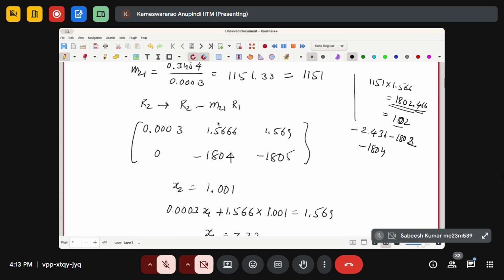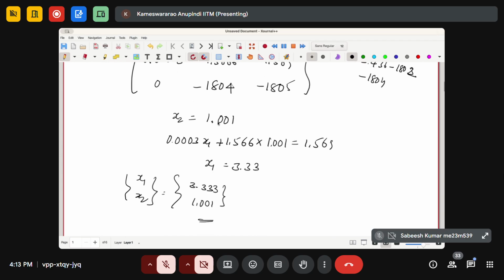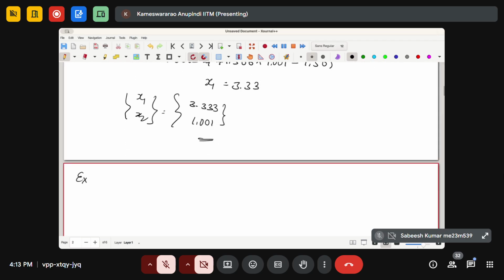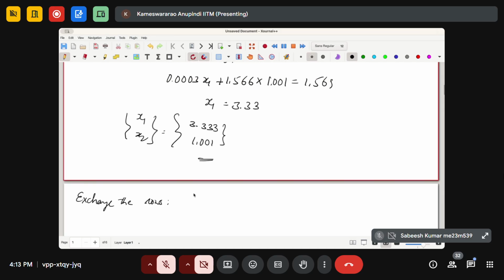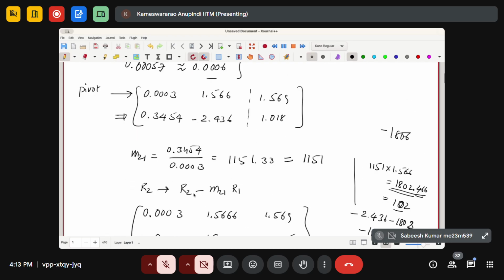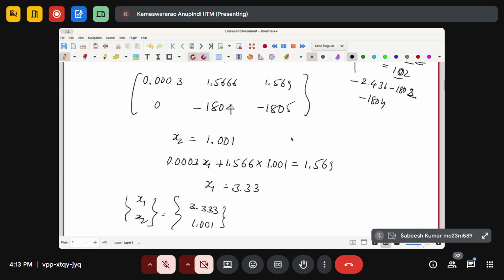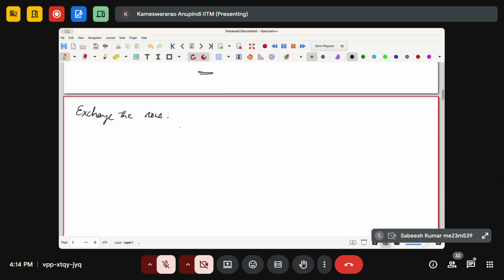Okay, so let me do a kind of pivoting, or let me exchange the rows. That means instead of working with the first equation first, I'm going to move the first equation to the bottom and the second equation to the top. So I'm going to work with the system where it is 0.3454, minus 2.436, 1.018.